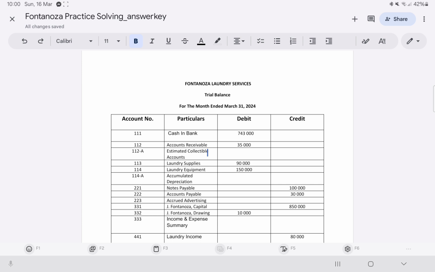But today, in this exercise, I will let you indicate it here, because by the next meeting, when we solve the adjusting entries in the additional information of the problem, it's easy for you to write down here, and you no longer have to rewrite all the data from the general journal and general ledger. All you have to do now is just follow. Then we have account number 113, laundry supplies, 90,000.